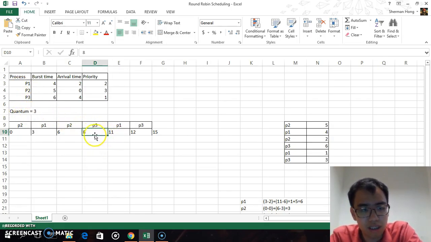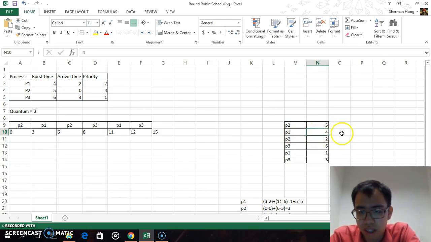So 8 plus 3 will be 11. Then you find the balance and execute. Looking at P1, 4 minus 3 is 1. You bring it down here and put P1 equals 1. This is the balance of P1.